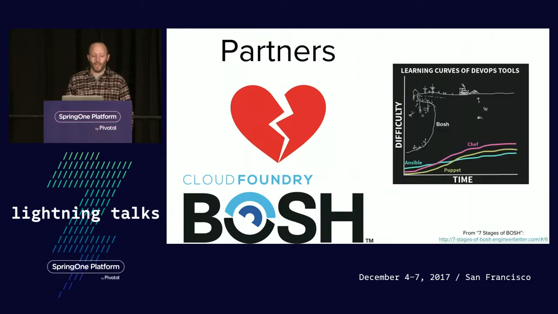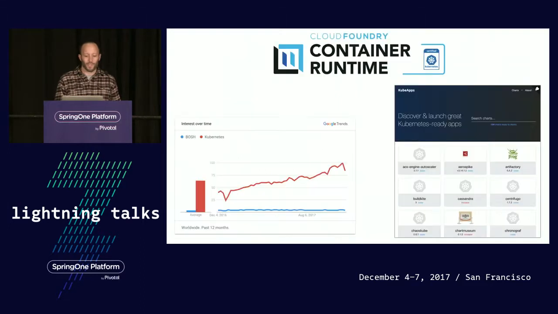Our partners, on the other hand, sometimes struggle with BOSH. It has a bit of a learning curve, and it can end up being kind of high cost to create a BOSH deployment that is mostly only used on Cloud Foundry. But with Cloud Foundry Container Runtime, the new Kubernetes tool that we have coming, that opens up a new world for partner services to integrate.